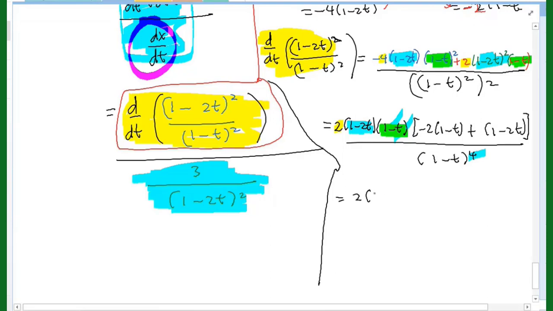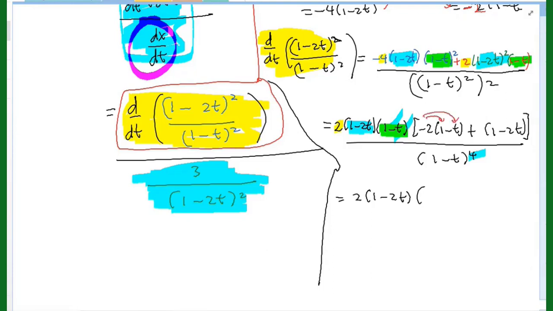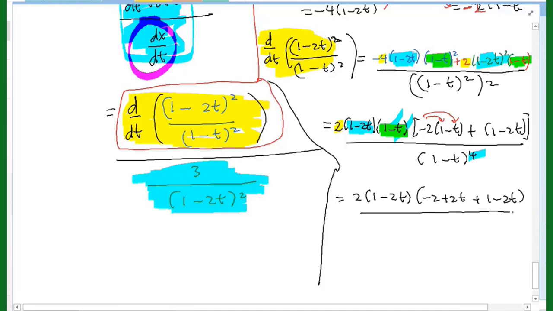Okay, 1 minus 2t. Now expand. So, negative 2 plus 2t plus 1 minus 2t over 1 minus t to the power cube.